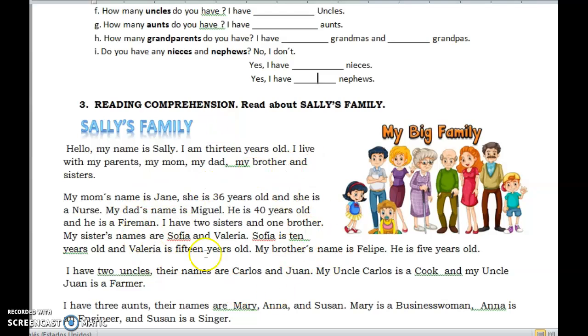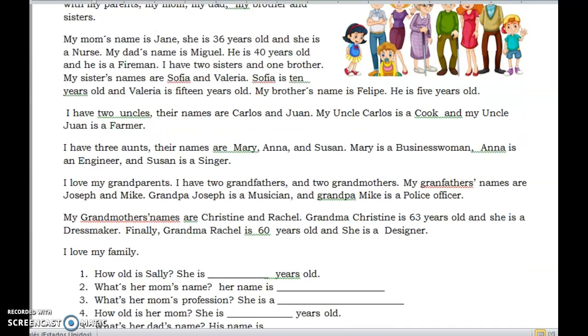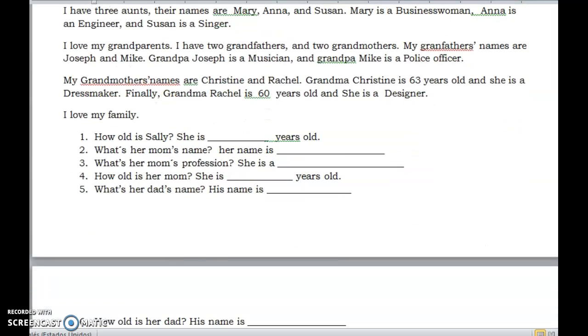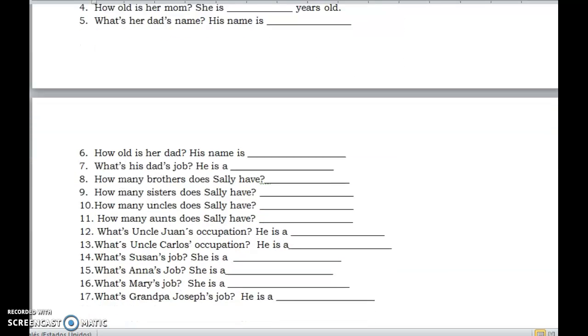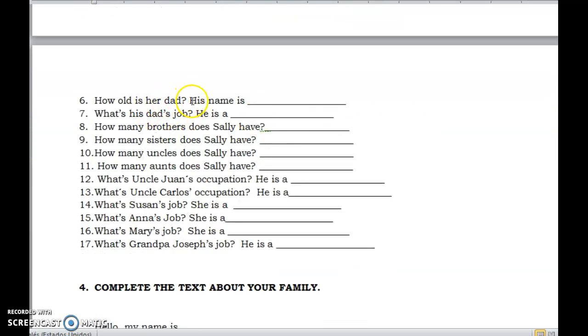Debemos leer esta texto o lectura. Respondemos con la información del texto. How old is Sally? What's her mom's name? What's her mom's profession? How old is her mom? What's her dad's name? How old is her dad? What's his dad's job? How many brothers does Sally have?